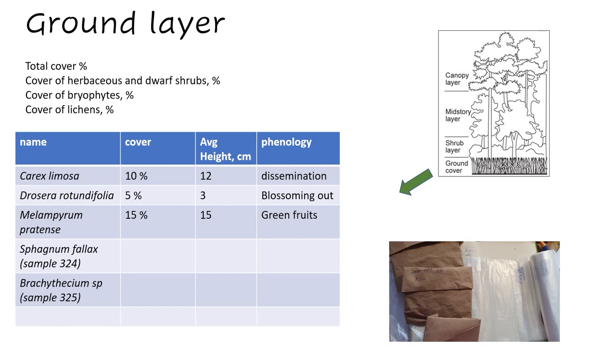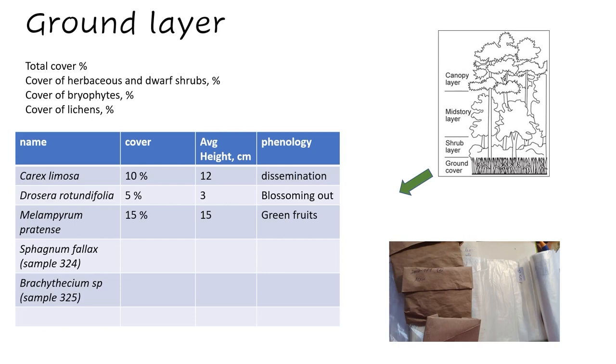You also can describe if some of them are grouped, and use other scales, not percentage but Braun-Blanquet scales or Raunkiaer scale. It doesn't matter. The only thing that matters is that as a result you have the characteristic of the presence and the phytosociological meaning of this species in this community.